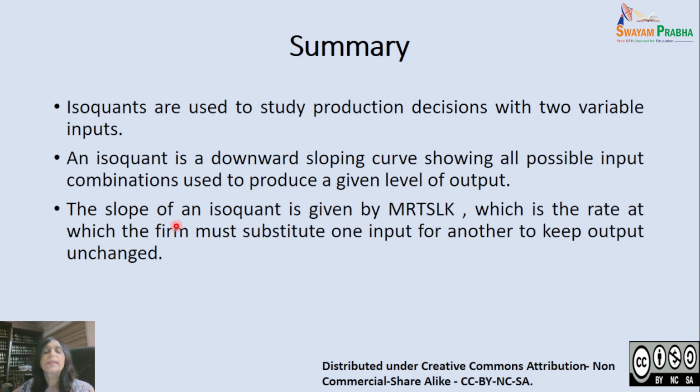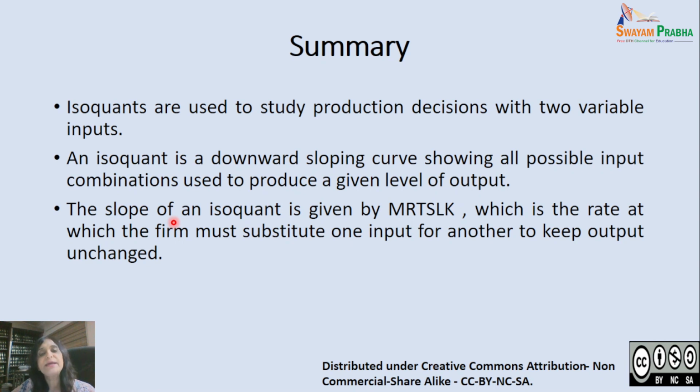The slope of isoquant is given by MRTS LK, means marginal rate of technical substitution for labor and capital, which measures the rate at which the firm has to substitute one input for another to keep the output unchanged. That is, if I am increasing labor, the rate at which I have to reduce capital is measured by your marginal rate of technical substitution, and it is the same as the slope of the isoquant.